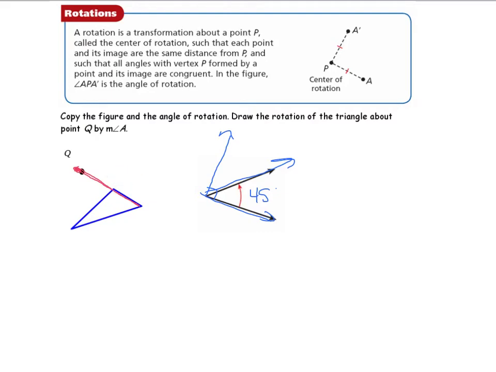I'm going to say from here to here, the 45 degree angle is about there. After you draw your 45 degree angle, then all you have to do is redraw your image. So if I redraw my image, it kind of looks like this. This is my drawing for a 45 degree rotation about the point Q.